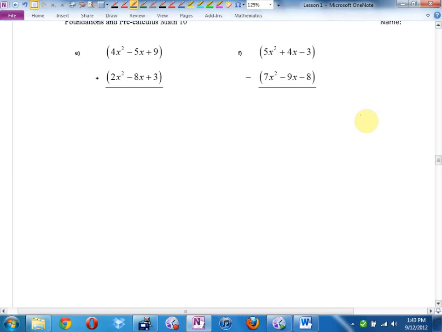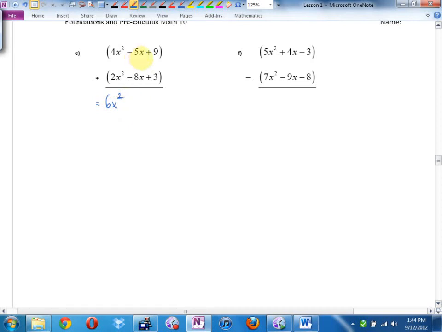In some ways, adding polynomials vertically is a little easier if you keep things lined up. If I write them like this vertically, now I can see my like terms are all in the same column. I got 4x squared plus 2x squared, that's 6x squared.